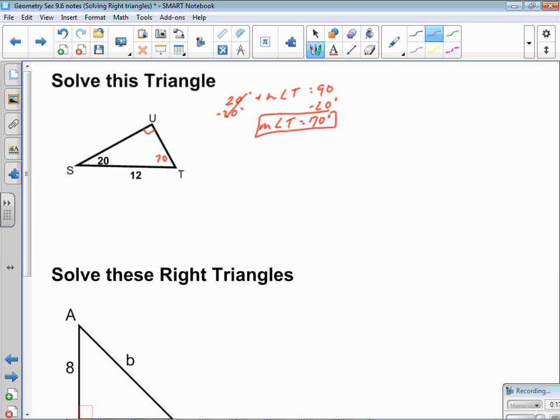So then now we need to solve for the other two sides. So we've got one side, we've got an acute angle. And if I try to find US here, I've got ST, which would be the hypotenuse, right?